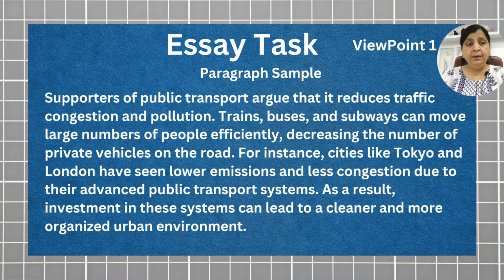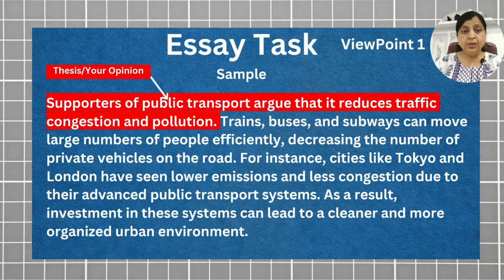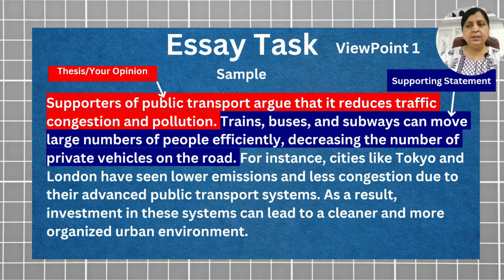This is the paragraph sample. Please read it carefully. Supporters of public transport argue that it reduces traffic congestion and pollution. This is your opinion. Trains, buses and subways can move large numbers of people efficiently, decreasing the number of private vehicles on the road. This is the supporting statement.